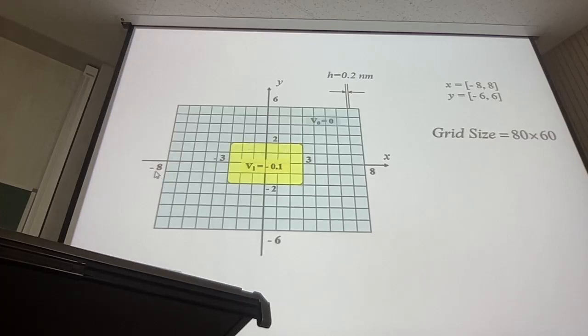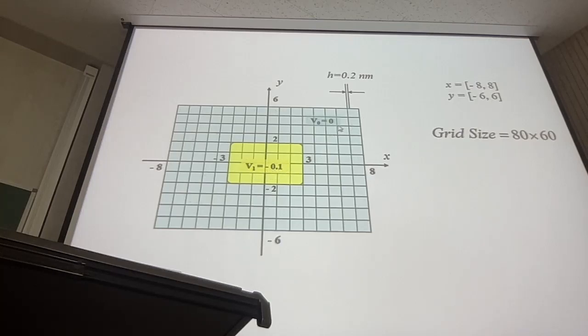If we consider minus 8 to 8 along the x-axis and minus 6 to 6 along the y-axis, this is the potential given. If x is from minus 3 to 3 and y is from minus 2 to 2, the potential is minus 0.1 electron volt.